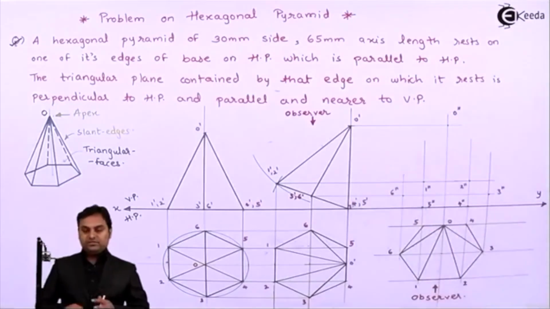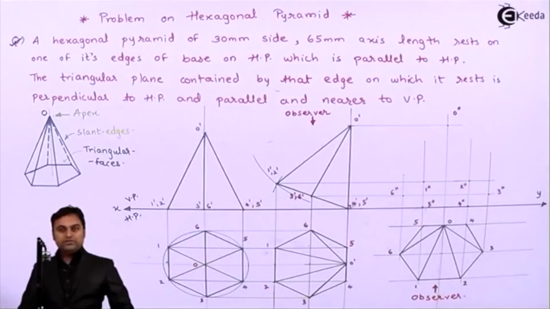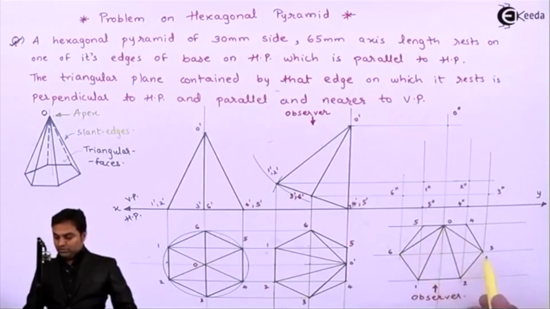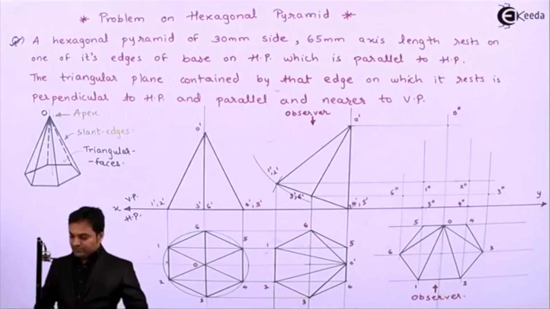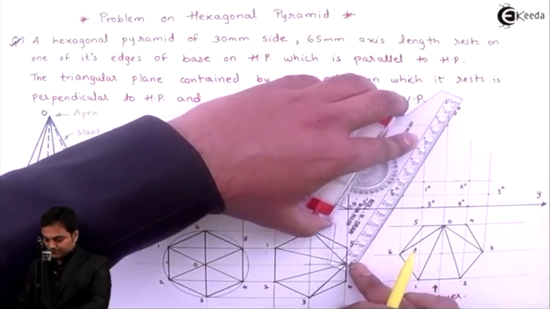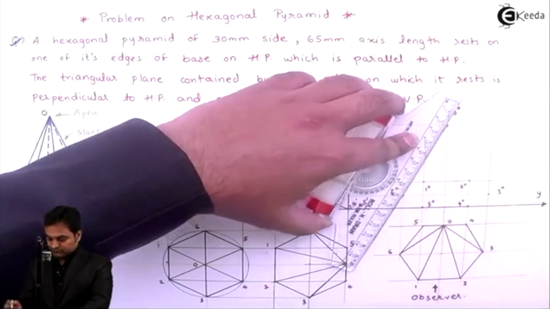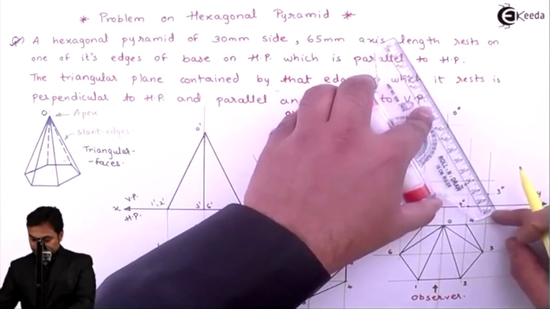So when we are looking as an observer, the outlines are visible. It means when the observer is here, O26, O23 is visible, O21, O22 is visible. These three triangular faces are closer to the observer, so they are visible. So I'll join O double dash to 6 double dash. Next O double dash to 3 double dash.